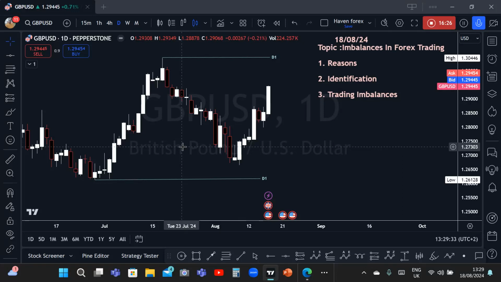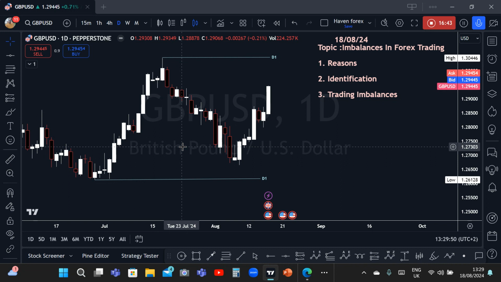So RSI, most people will say they don't know what RSI is all about. It's the relative strength index. That is what we call an RSI.